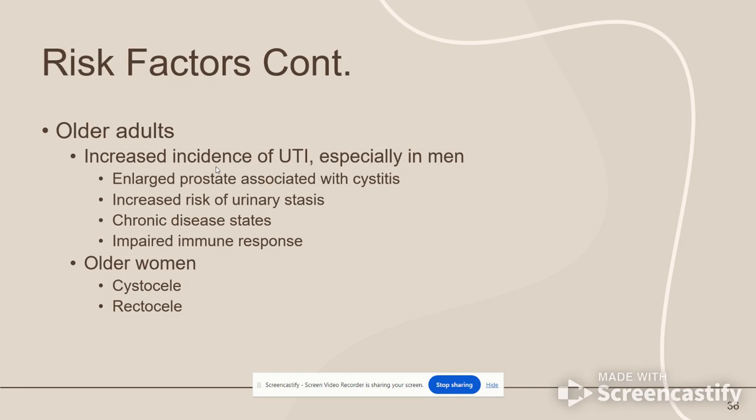Older women can have impeded urine flow, incomplete bladder emptying, weakened perineal muscles. They can have a cystocele, which is a prolapsed bladder, or a rectocele, which is in the area between the rectum and the vagina, so that causes them to have a higher risk of having UTI.